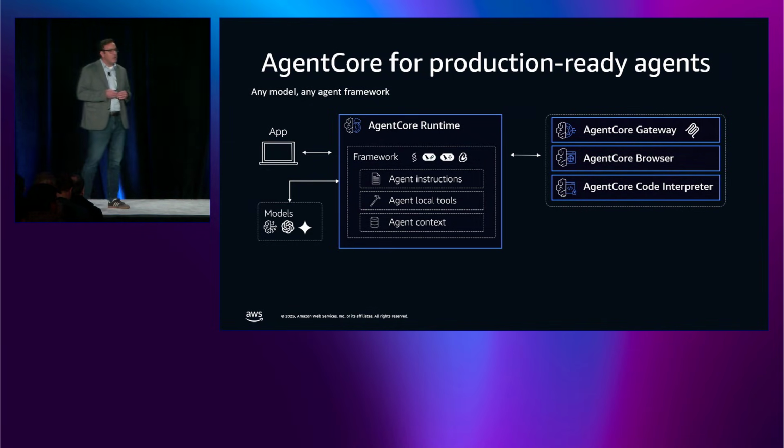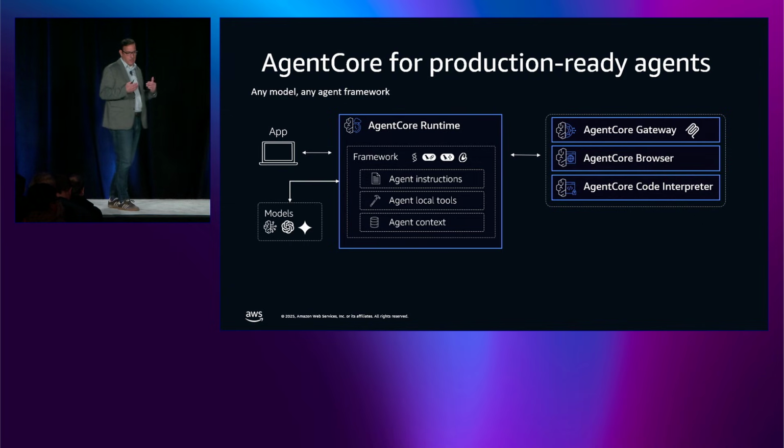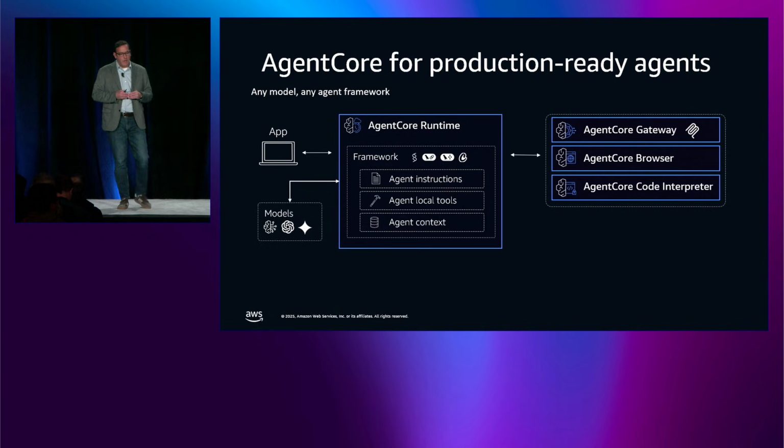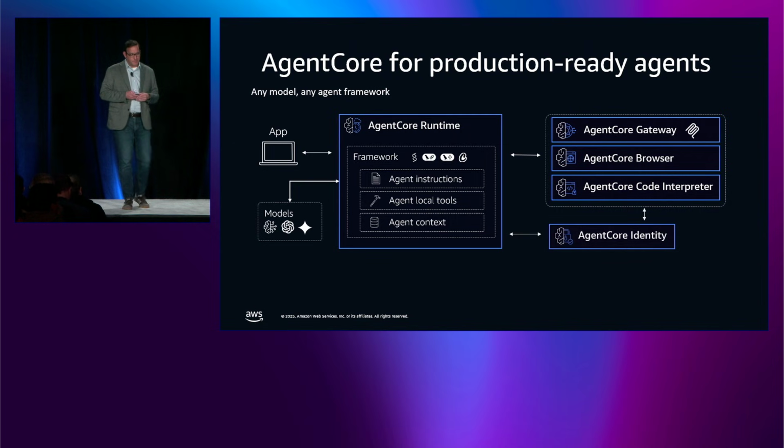Next is AgentCore Browser that provides you that browser runtime instance so that you can perform those browser-based events at scale. And then AgentCore Code Interpreter, where you can deploy codes in an isolated, protected environment that your agents run.